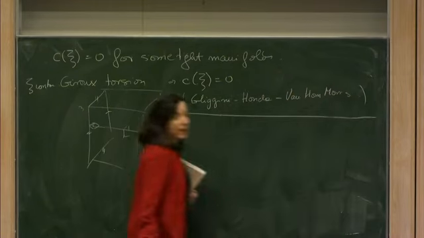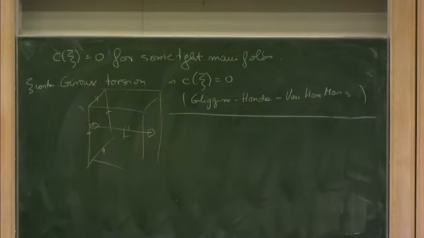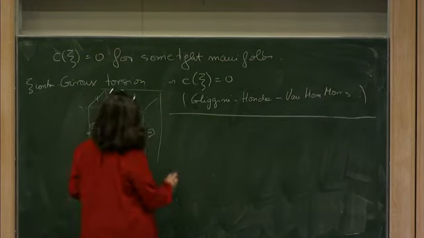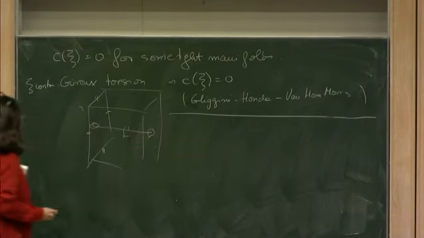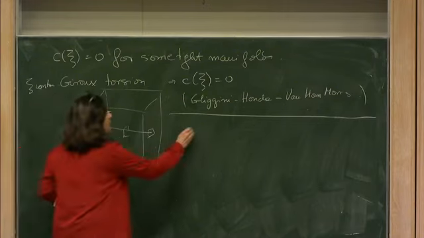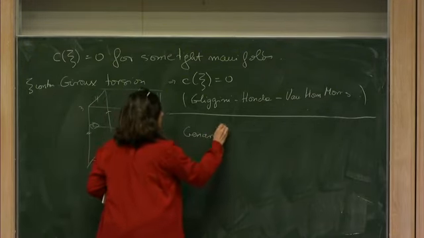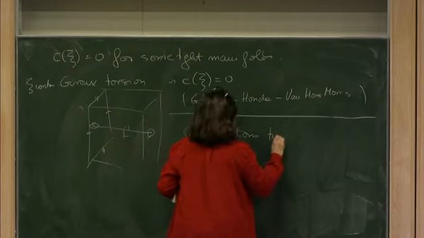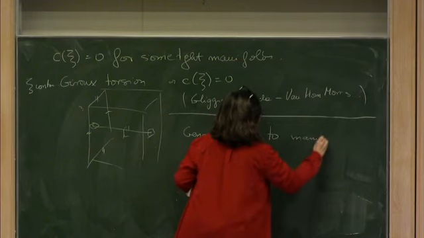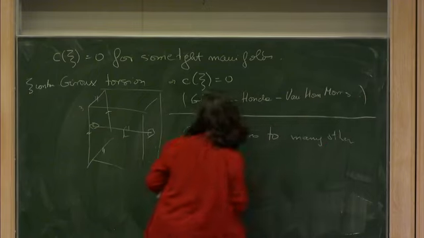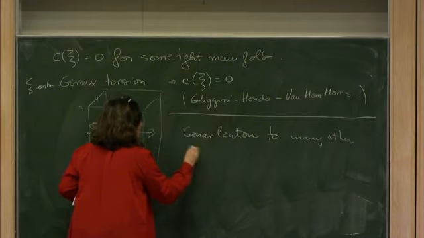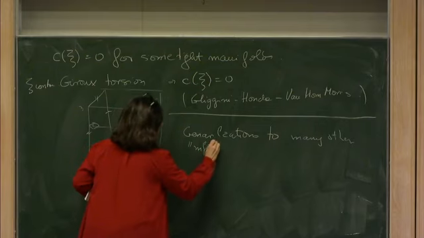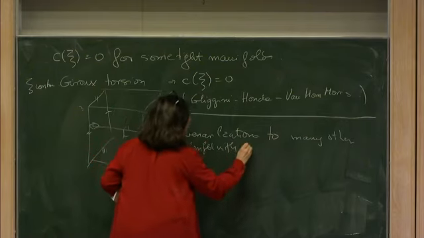There are many other sorts of manifolds with boundary that also ensure existence of Giroux torsion, so there were some generalizations to manifolds with convex boundary.